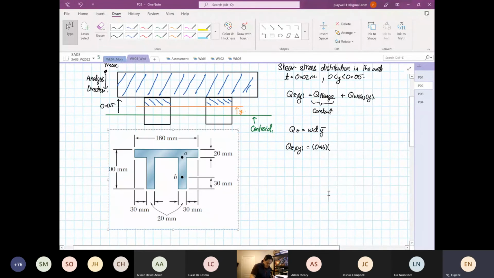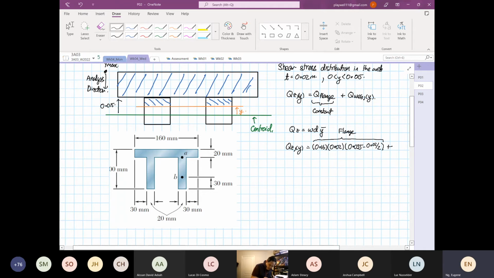There we go. The depth is equal to 0.02, and then we have to calculate the y bar. So the y bar is equal to 0.035 minus 0.02 divided by 2. So this whole thing is for the flange.